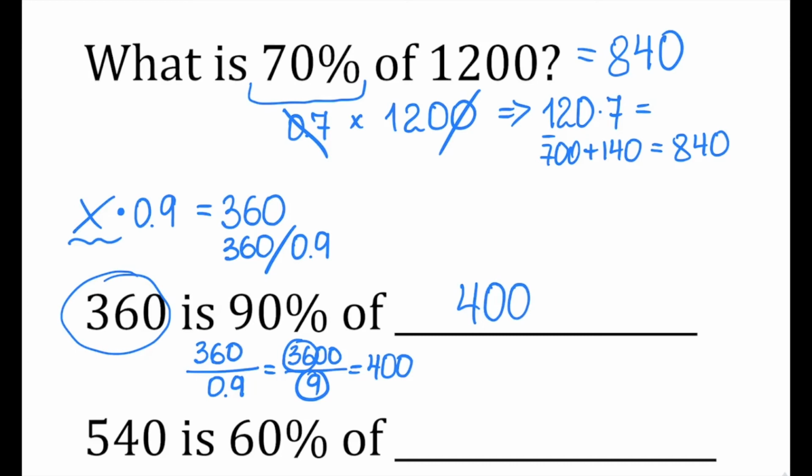Kaboom. And think about it. When we find 90% of something, we chip off 10% of something. What is 10% of 400? Well, 10% of 400 is 40. And then 400 minus 40 is indeed 360. Boom, we're good all around.